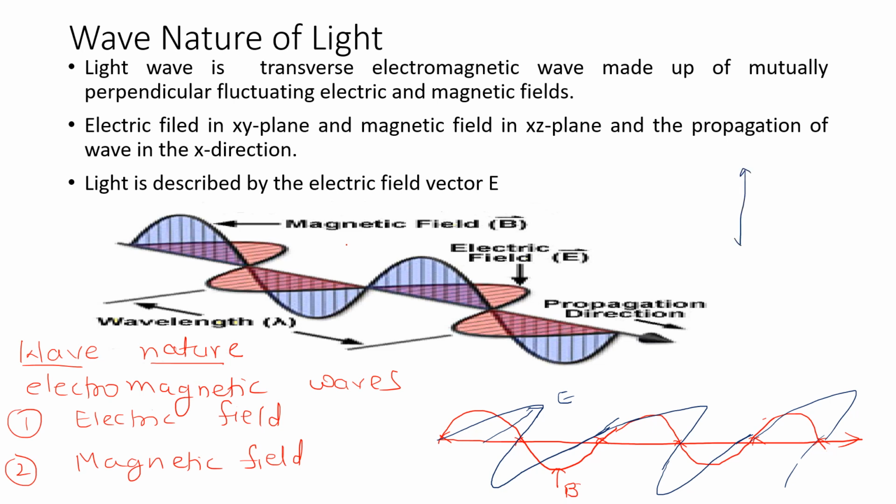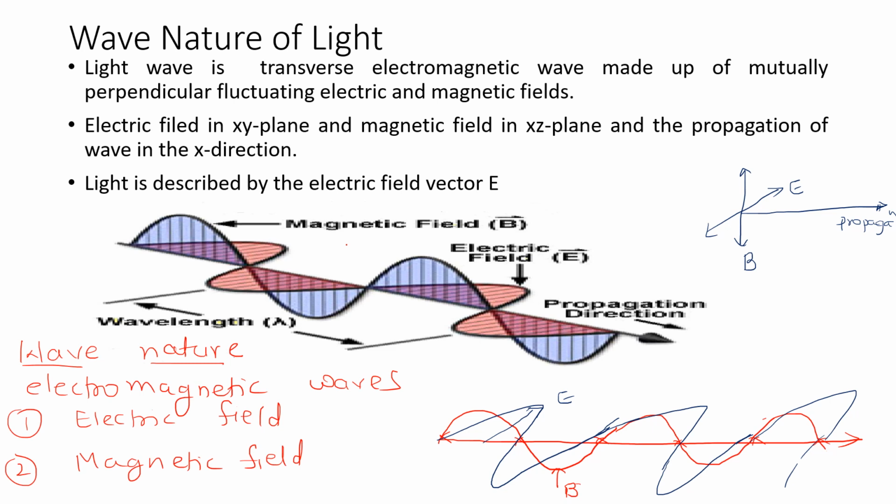This is the plane of the screen where magnetic field B is vibrating, E is vibrating in this plane, and the direction of propagation is perpendicular to both. This is the propagation of light, right?